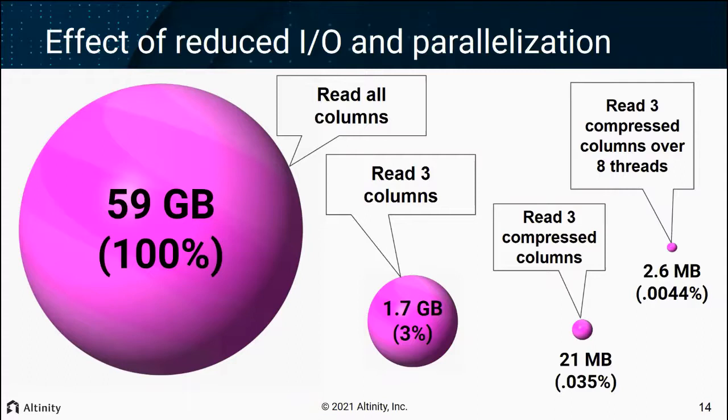So as a result, the IO being processed by each processing thread goes down phenomenally. In this case, if you run the numbers, it ends up being a reduction of about 22,000 times in this particular example. What this means is we can now afford to scan very, very large amounts of data because we're thousands of times faster than a conventional database.